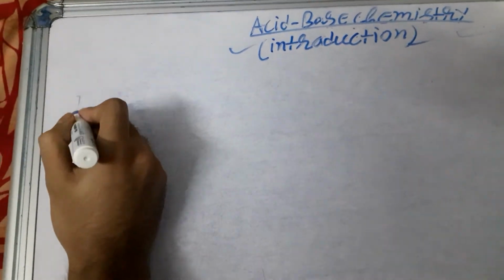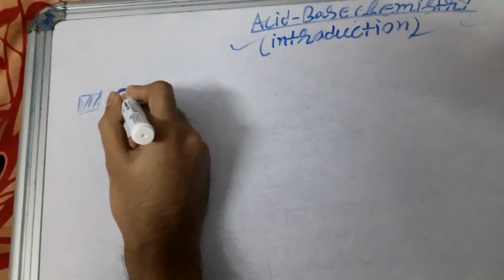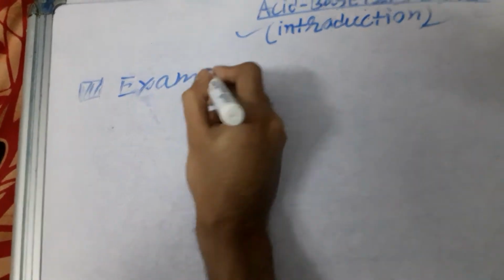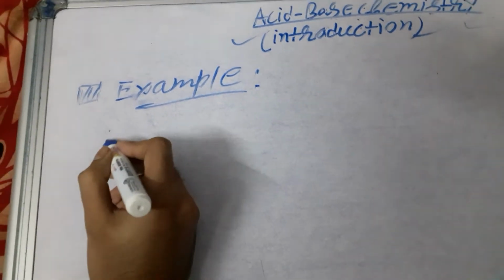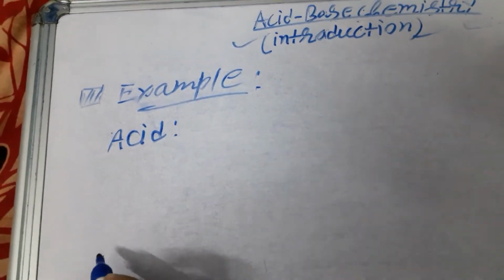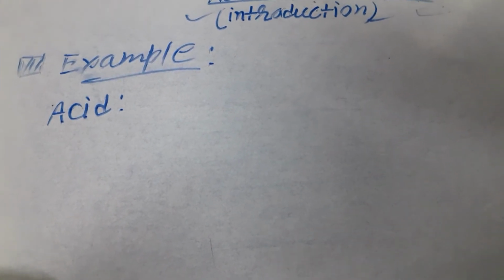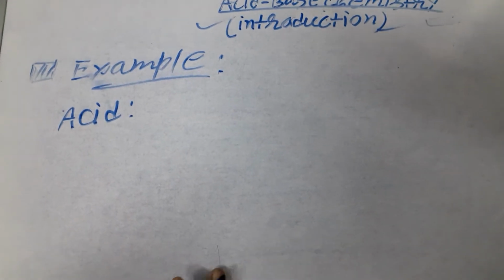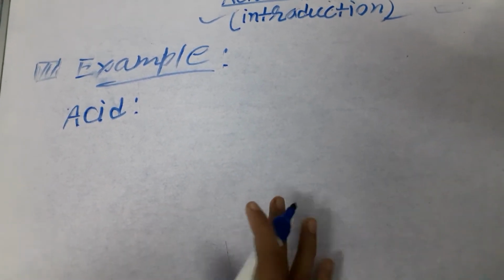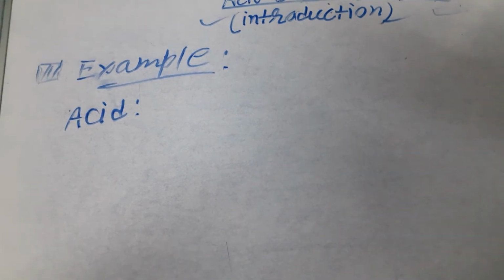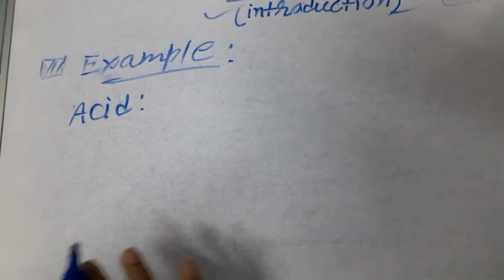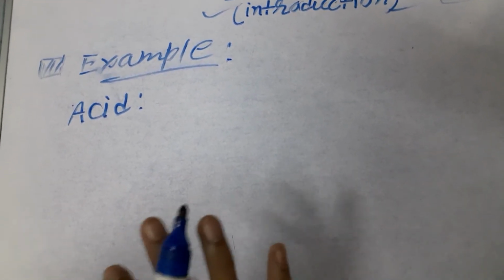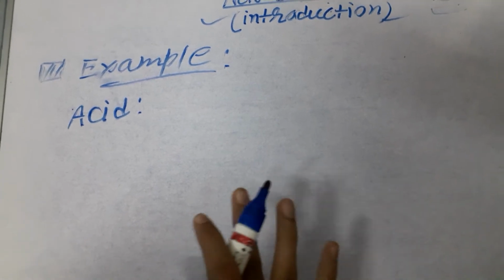Now come to some examples of acid and base. How are they acid? Basically, acid has many definitions, like Lewis acid and the Bronsted-Lowry theory. There are 2 or 3 types of definitions for acid.